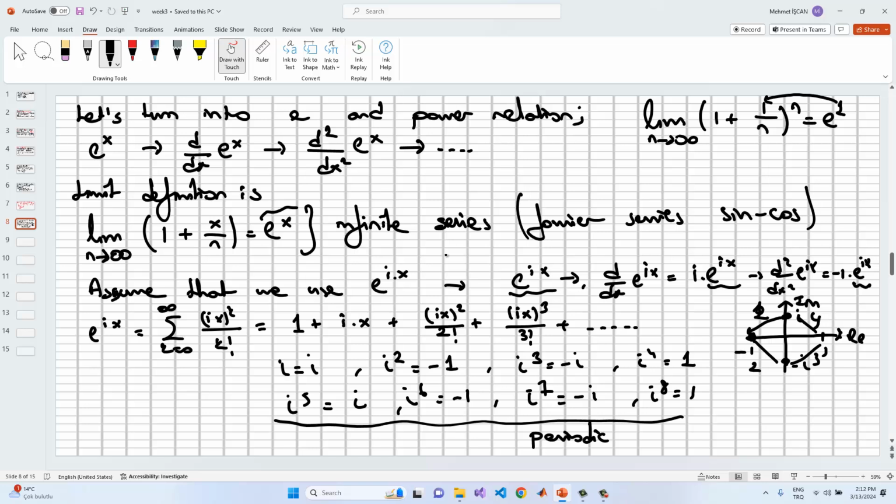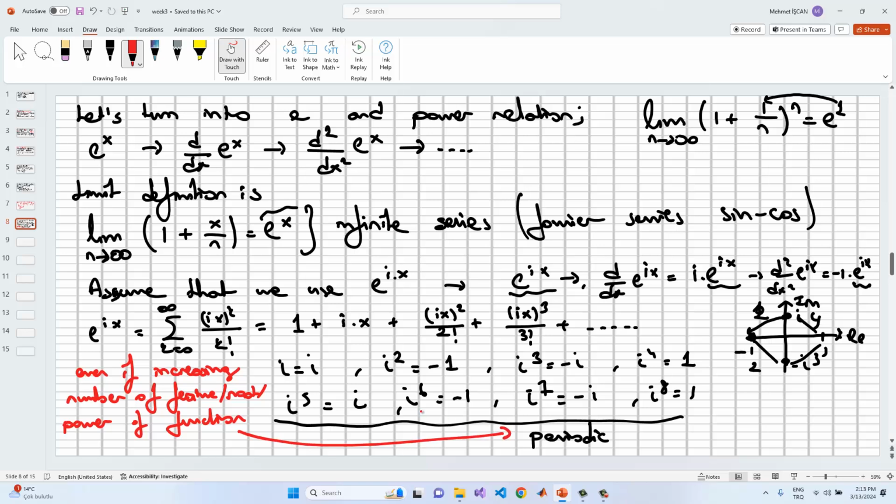Just see that the important part is that increasing the power of the function gives us periodicity in here.